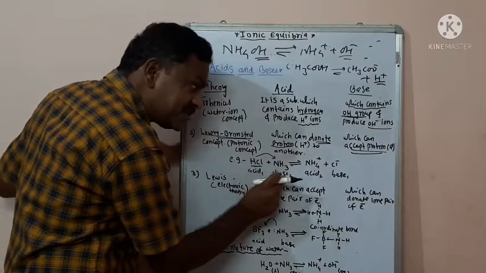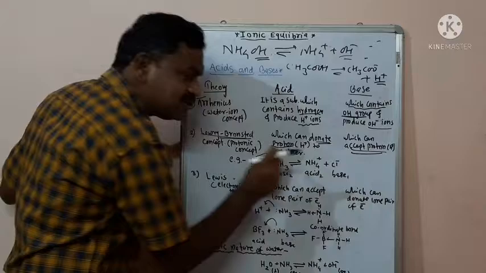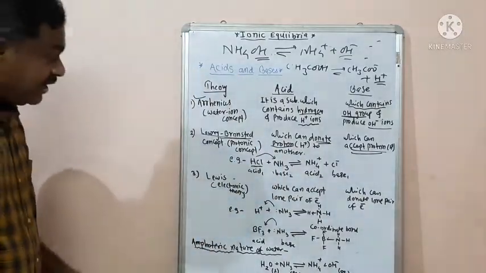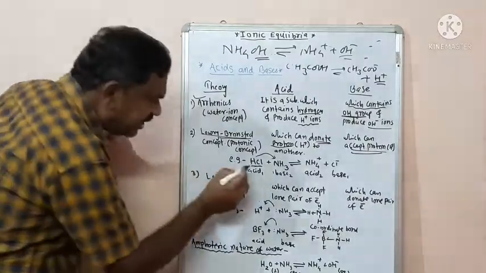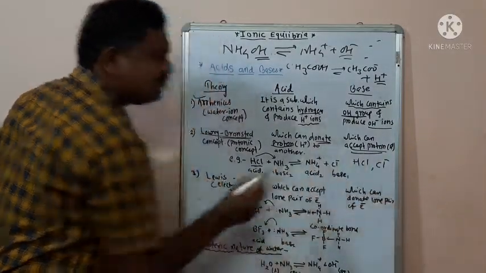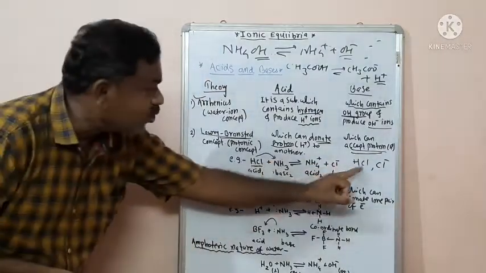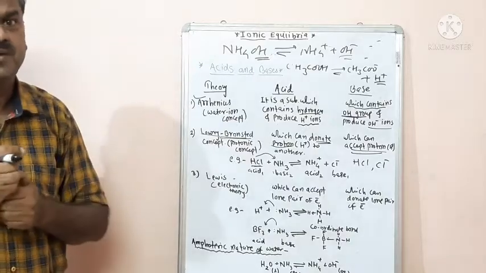Ammonia is the base, and the chloride ion formed is also a base. In this reaction, HCl and Cl minus are called a conjugate acid base pair.